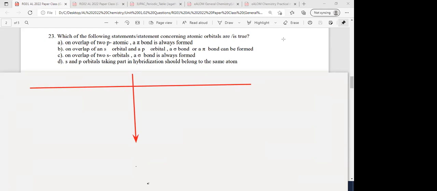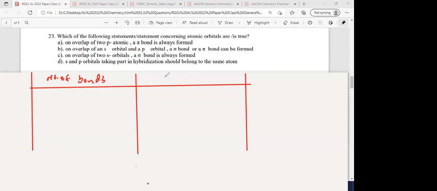Look at the screen, everyone. Number of bonds. When there's a single bond, it's always a sigma bond.